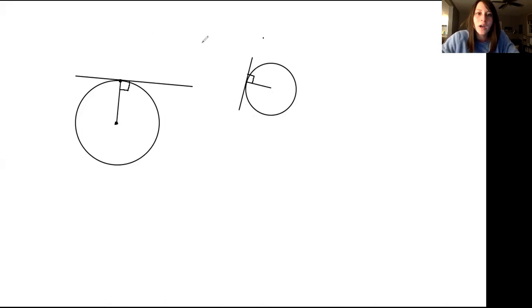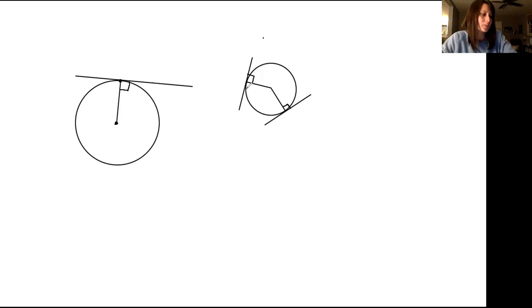So it doesn't matter where I draw that tangent, as long as they're crossing over at one location, right? From the center to my point of tangency, it is a right angle. So it doesn't matter where I draw my tangent, I'm always going to have a perpendicular line with my tangent and the radius, basically, connecting to where the point of tangency is.